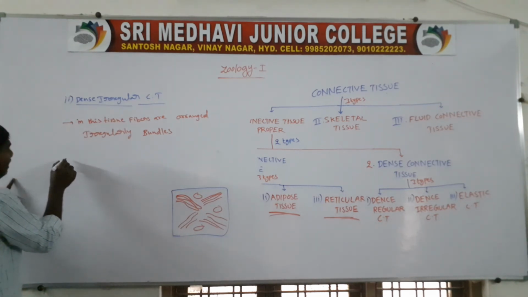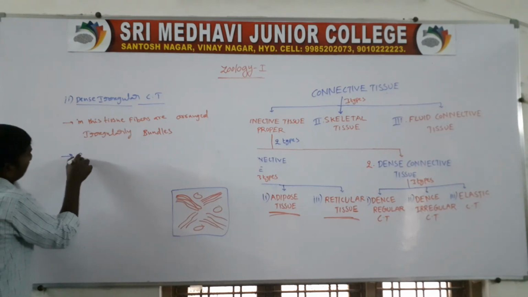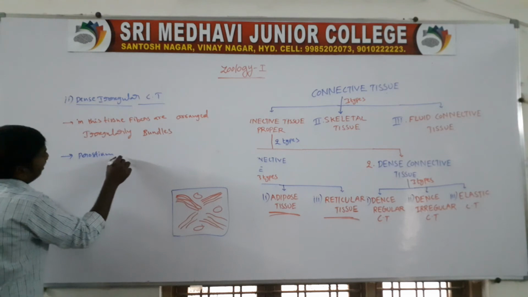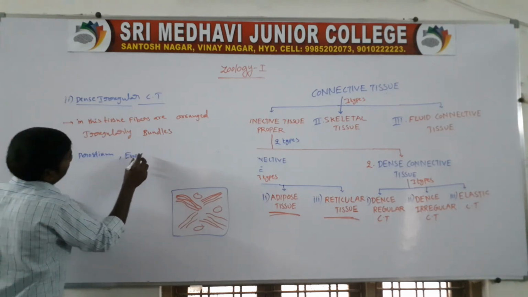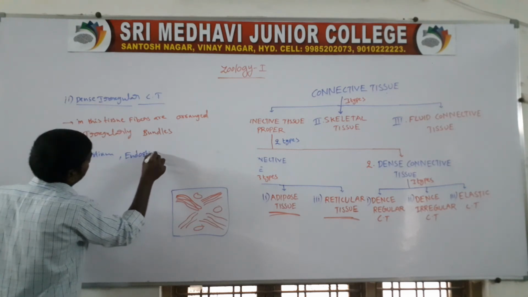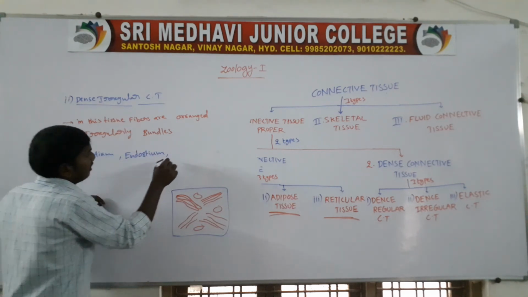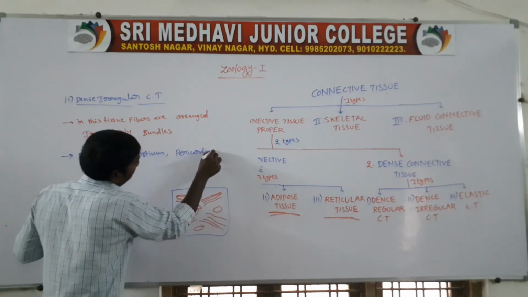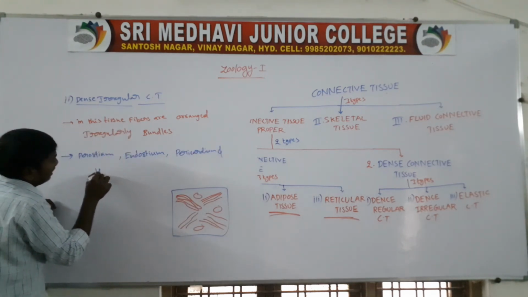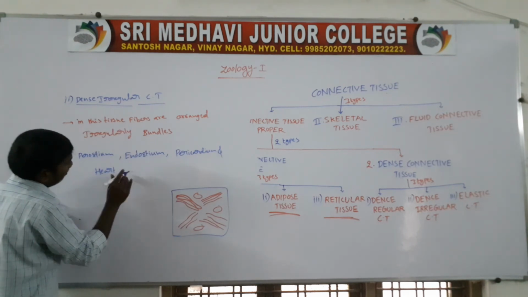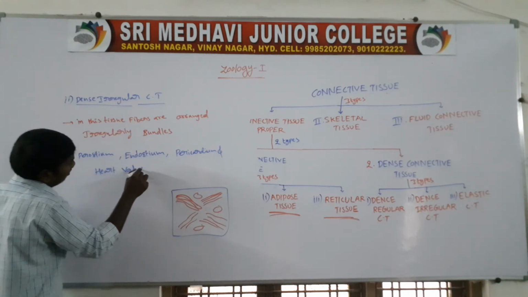These are present in the periosteum, endosteum, pericardium and heart valves. Periosteum and endosteum are on the bones, periosteum the outer layer and endosteum the inner layer. Pericardium is the membrane covering the heart.